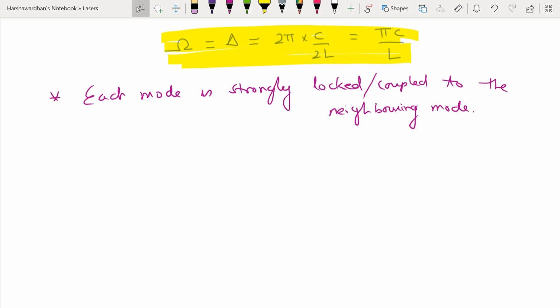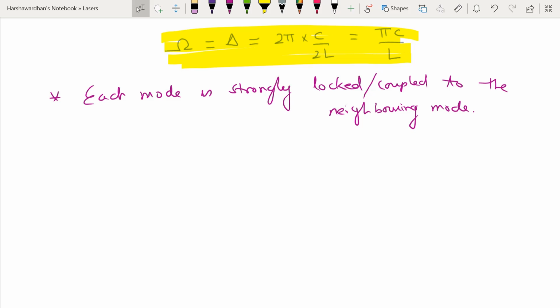So imagine if I can modulate the loss just a little bit to get the individual modes to oscillate. These individual modes are lasing because their gain is coupled to the loss. So by modulating the loss, I'll be able to modulate the amplitude of individual modes within the cavity.